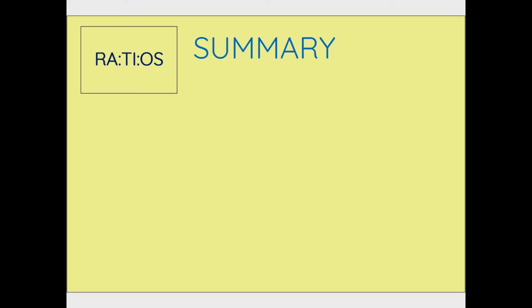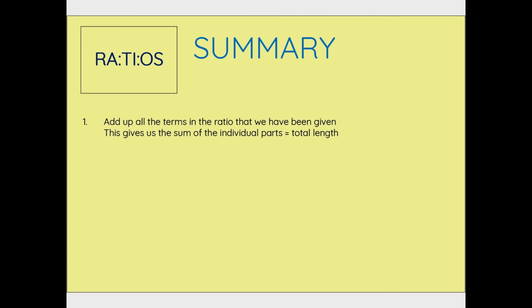And so, in summary, given a problem where we need to find the value of any or all of the terms in the ratio, in this example the biggest element or the biggest part or the biggest term, the first step is we add up all the terms in the ratio that we've been given, and this is the total size in terms of the number of parts.